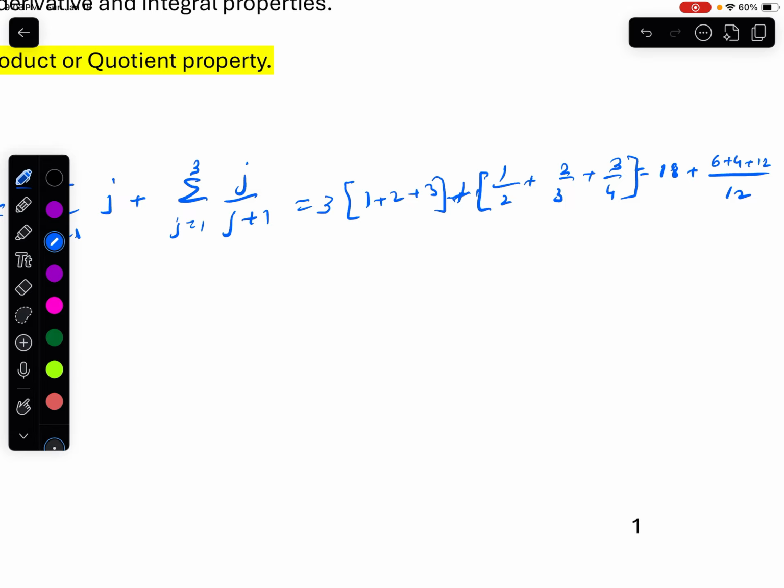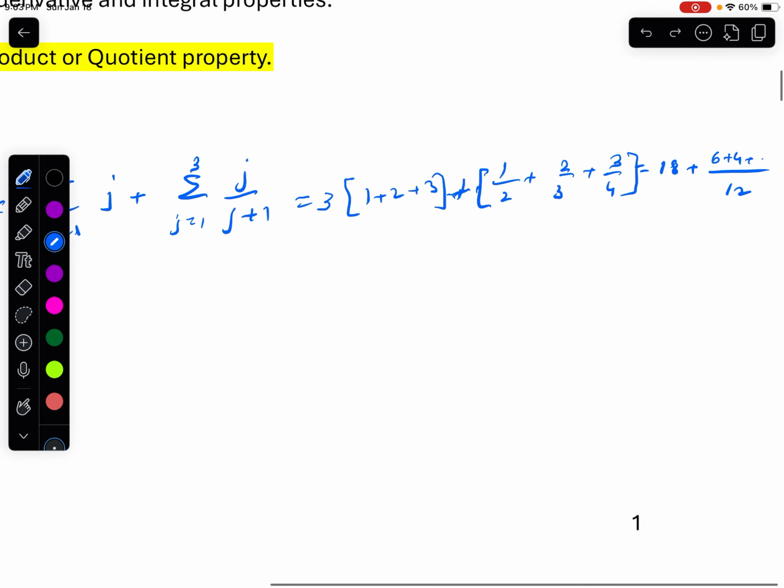No, plus 9, sorry. So 6 plus 4 is, well, this is 19 over 12. So 18 plus 19 over 12.